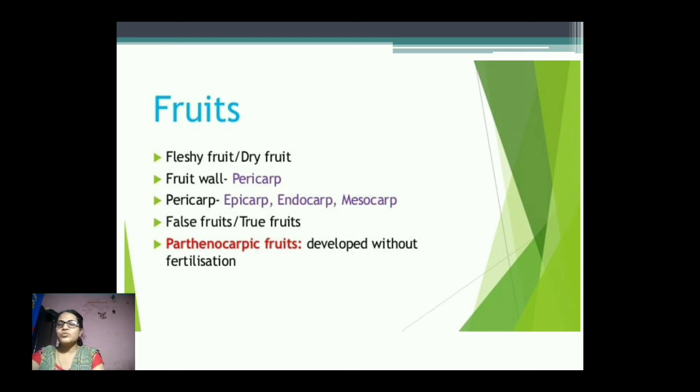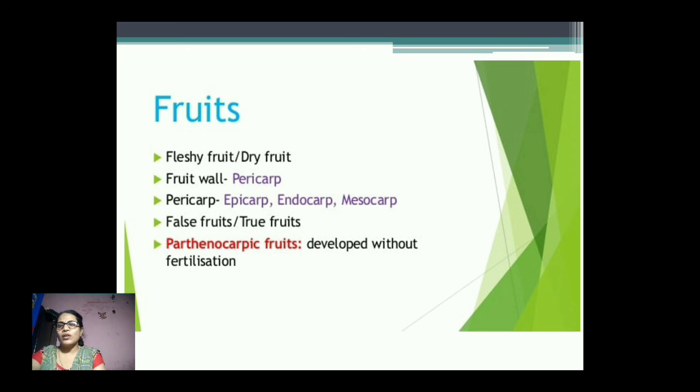The fruits are also divided into many types. Number one is fleshy fruits or dry fruits. The fruit wall is known as pericarp. The pericarp is again divided into three layers: outer epicarp, middle mesocarp, and inside endocarp.